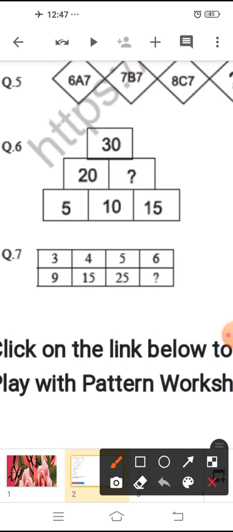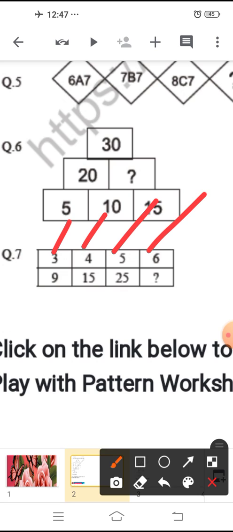For example, 3 plus 1, that will give you 4. 4 plus 1, that will give you 5. 5 plus 1, that will give you 6. Understood? And if we are taking multiples, so that will also give you the same.